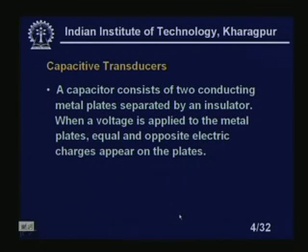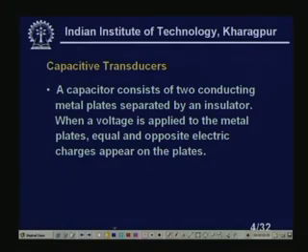Now, see the capacitive transducers. A capacitor consists of two conducting metal plates separated by an insulator. These metal plates can be either very thin rectangular plates, or it can be a cylinder also. It looks like that, it can be just two parallel plates like this one.